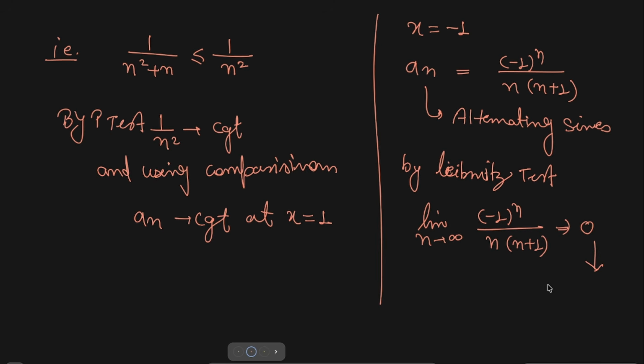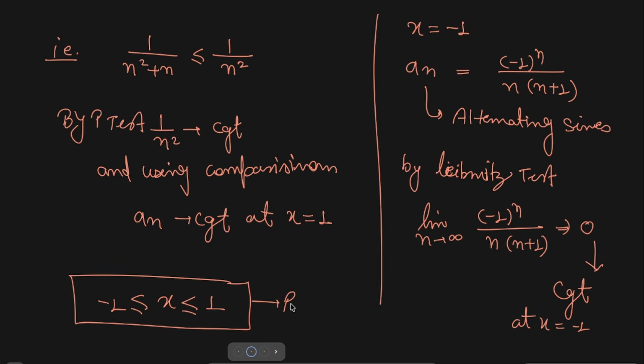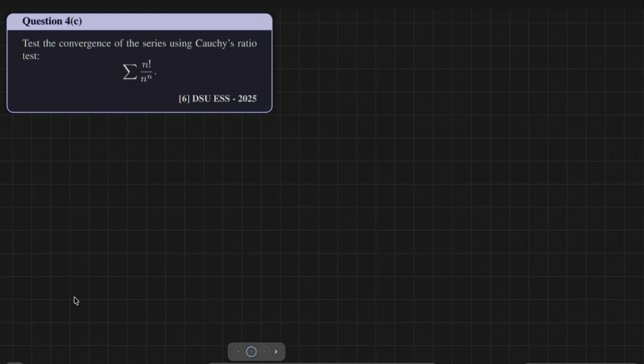Once it is 0, then it is convergent at x equals minus 1. So it will be convergent for this reason. This is the reason of convergence. This is the convergence analysis of this portion, how you can find out. So in this region it is convergent, and in this region it is divergent. This is the complete convergence analysis.